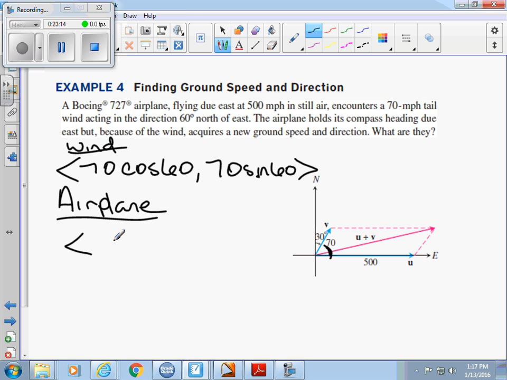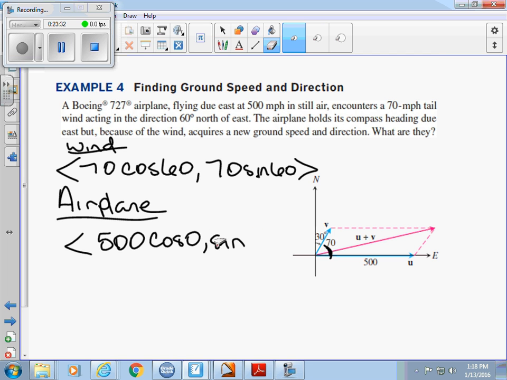Okay, the airplane's vector would be 500 cosine of 0, 500 sine of 0. Do we agree? Now, that's almost silly to write.